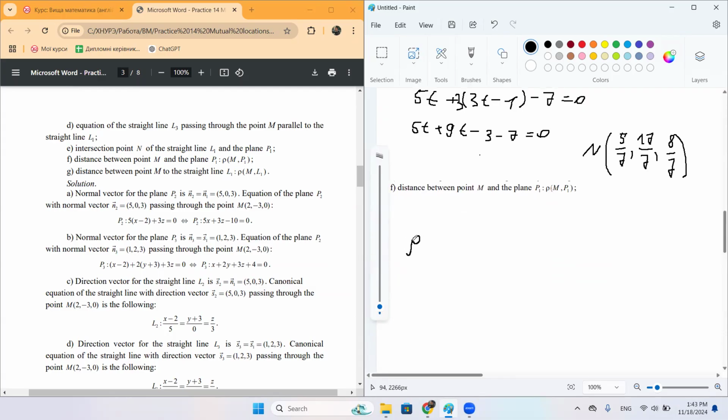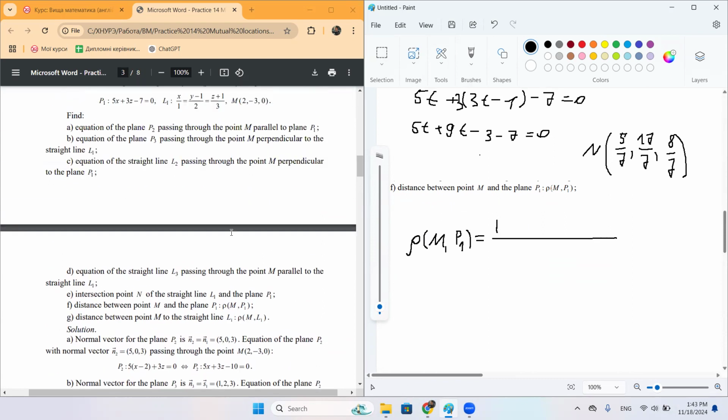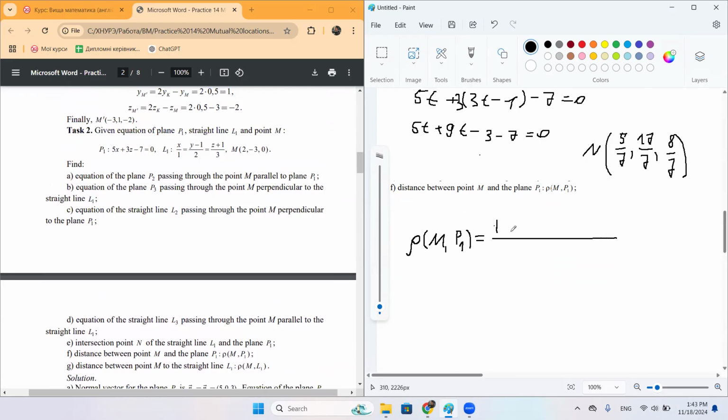So it is the following. So we need to multiply the coordinates of the normal vector and point M. So 5 by 2.